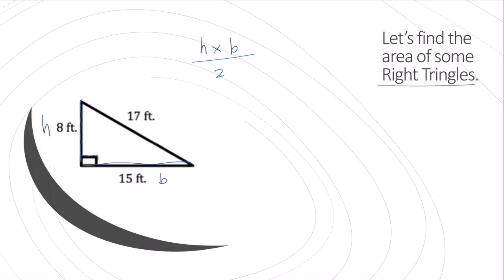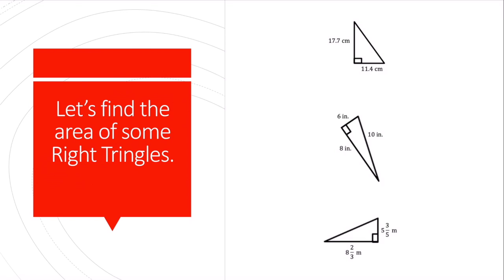Notice the 90-degree angle, it has to have that because that's what a right triangle has. So 8 times 15, and then divide that by 2. So I'm going to get 60 feet squared.